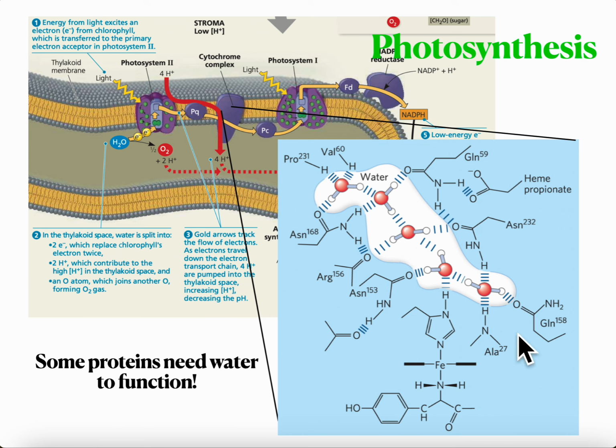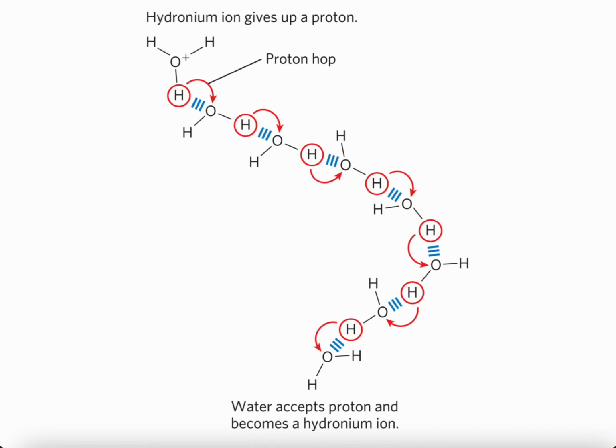What exactly is proton hopping? Well, as you can see on this diagram, proton hopping occurs where a hydronium ion gives up a proton, and this proton binds to another water molecule, in which one of its original hydrogen atoms binds to the next water molecule, in which one of its hydrogen atoms binds to another water molecule next to it, and so on and so forth until you reach an end where a water molecule accepts a proton and becomes a hydronium ion.